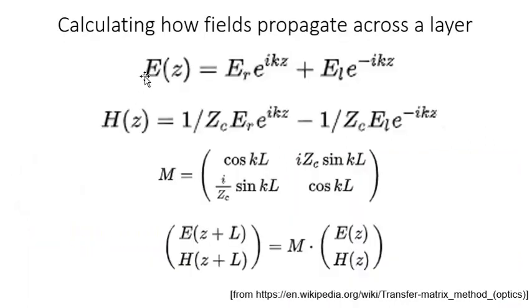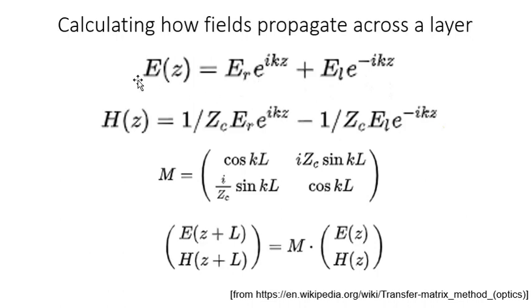But so Z is going to be our depth through the sample, and in any region at any point Z, we're going to have some right-going wave and some left-going wave. So we can represent the light as just the sum of these two plane waves.